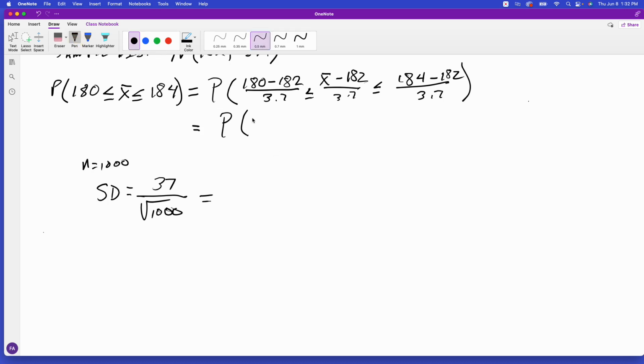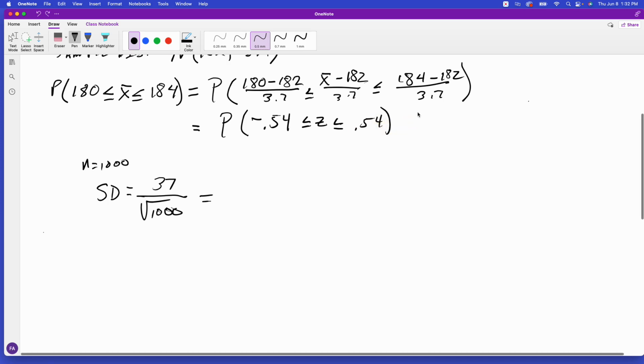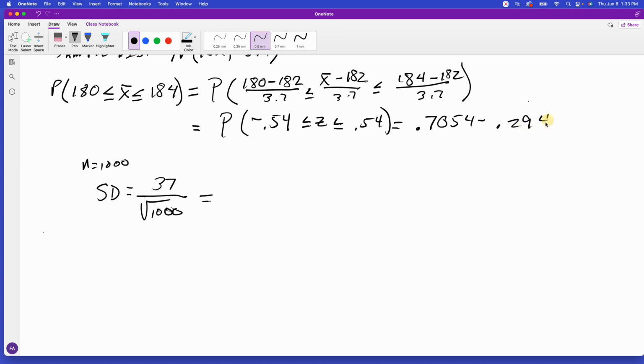So this upper value here was negative 0.54, and this value is 0.54, which means that we're doing 0.7054 minus 0.2946. So some of you have been following along and pausing as you go, and you're like, how did you get those values? Well, I didn't. I just wrote my notes wrong.